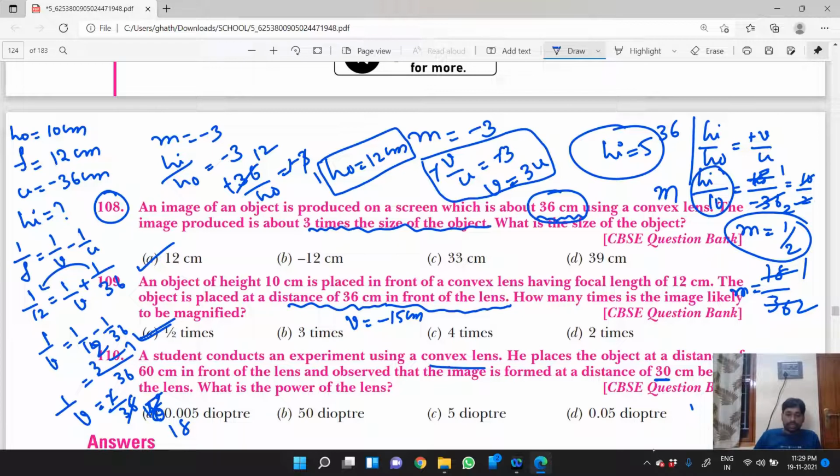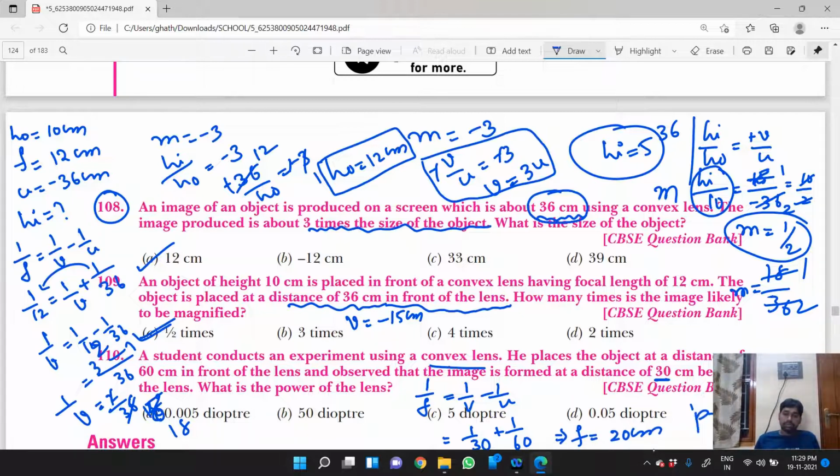First we calculate the focal length using the lens formula: 1 by f is equal to 1 by v minus 1 by u. Image distance and object distance 60 are given, so we get the focal length equal to 20 centimeters.